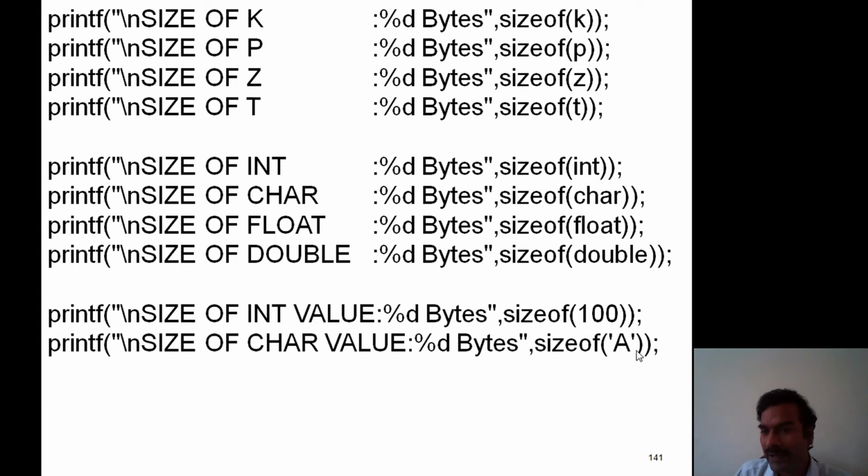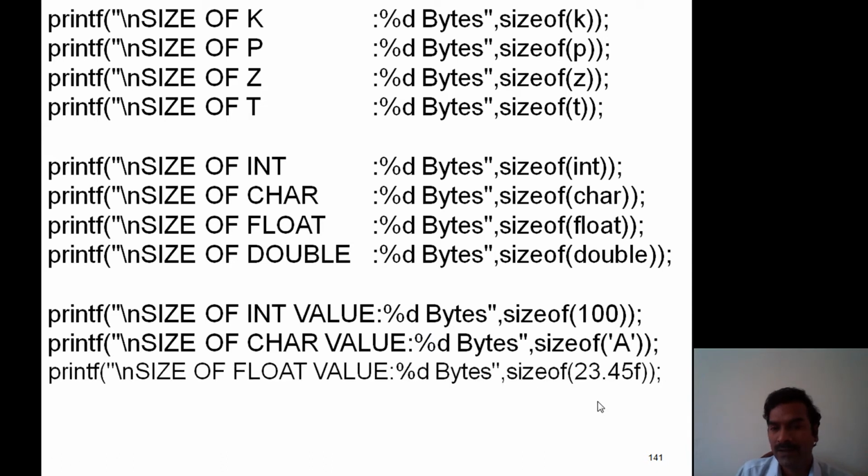Listen, whenever a character constant is placed, always its ASCII value is used. Now the ASCII value is an integer value, hence it prints 2 bytes. Now sizeof 23.45f. This f indicates it is a floating point constant. So from the floating point point of view, this one is 4 bytes.